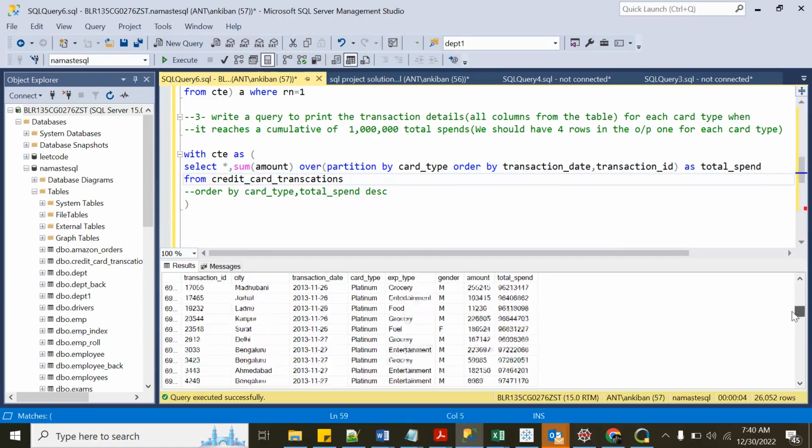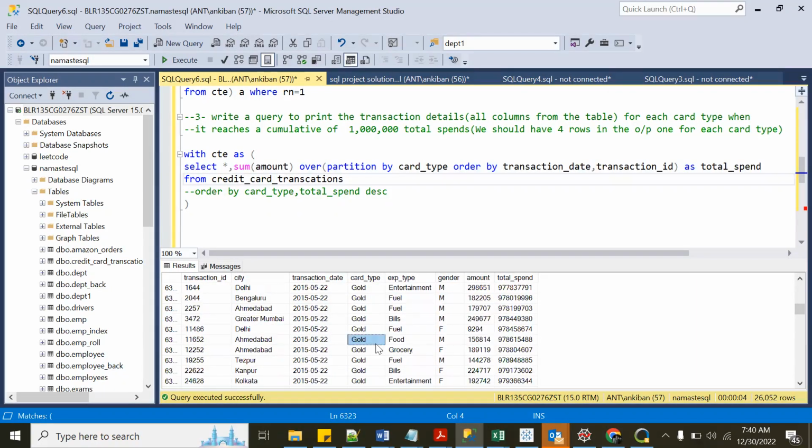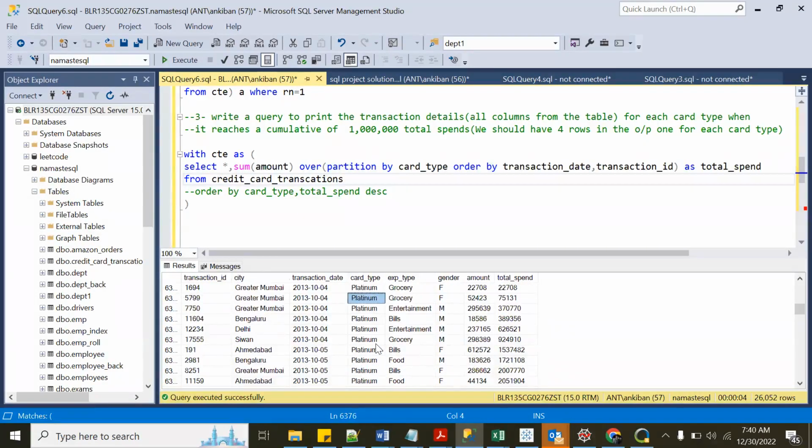Platinum. Okay, if you look at the platinum, yeah, let's look at the platinum. So platinum is reaching on this transaction, right? On this transaction, it is reaching 1 million sales, isn't it?